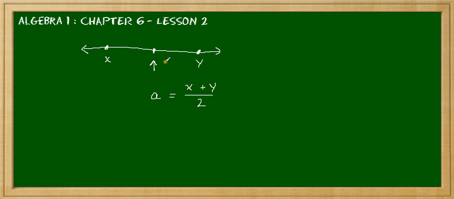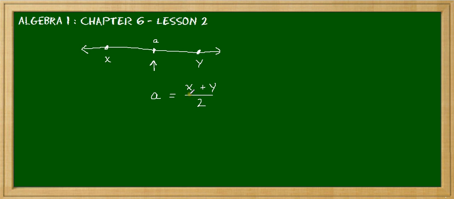A is equal to, this A being this point, okay? In fact, I could probably just put the letter A here so we know. And that A, that point, and again, that's not area, it's just the letter A, is equal to x plus y divided by 2.